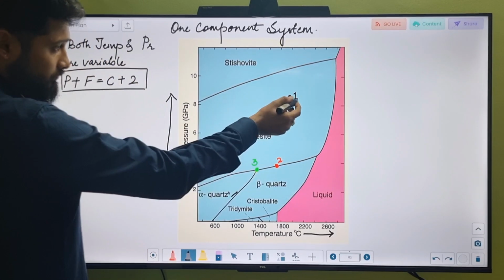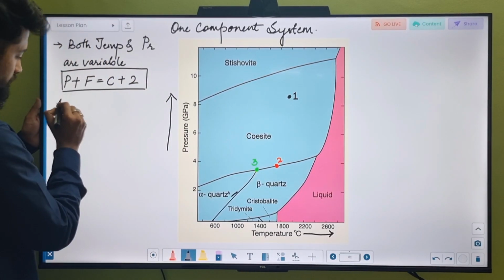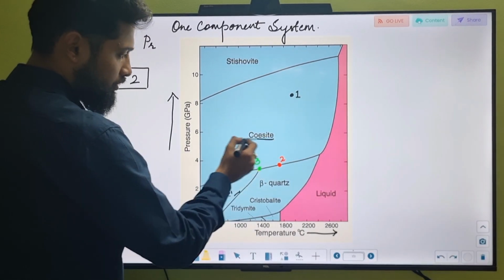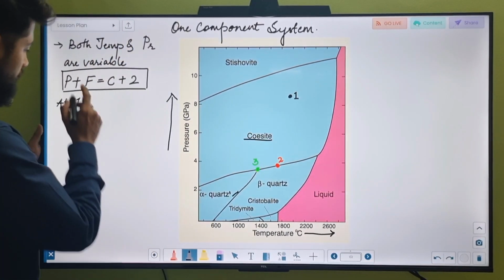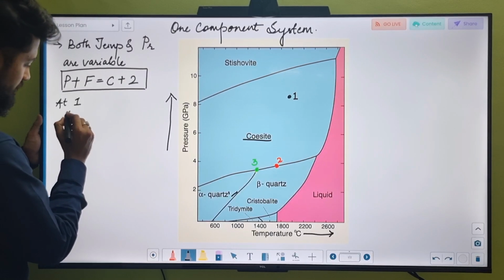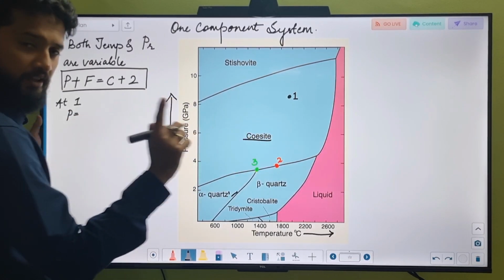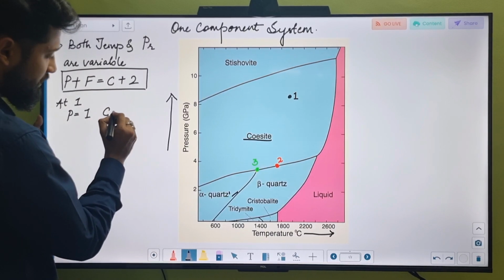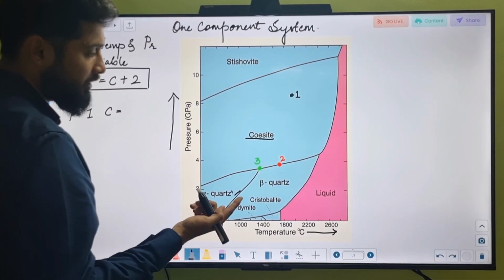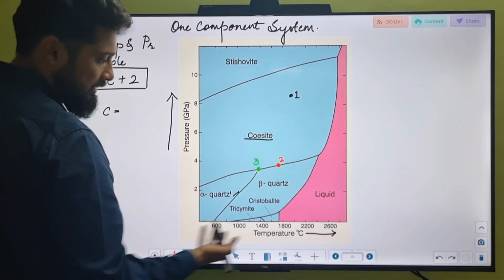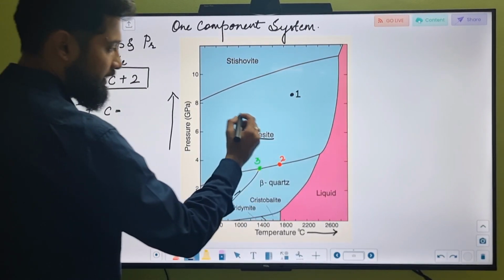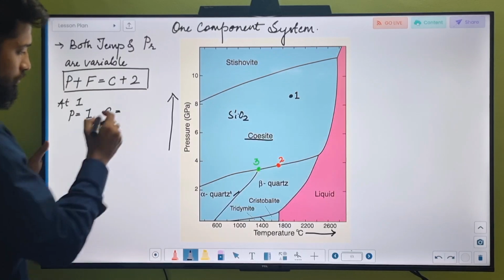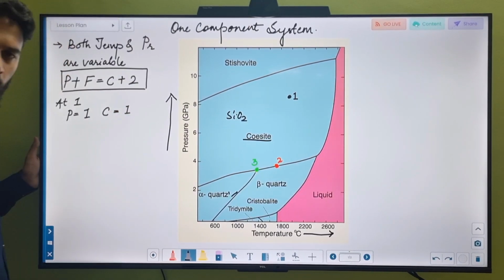So at point 1 we have coesite, so the number of phases is 1. Then comes C, that is component. So how many components are there? You take any part, it is SiO2, so the component will be again 1.